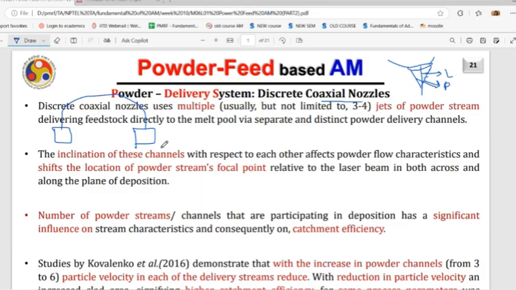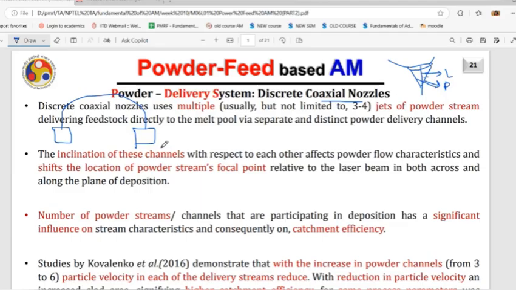DED was invented from the process called cladding. In cladding, we basically restructure the worn out part of a big shaft or component. Where my whole shaft is not broken, just some portion is worn out, in that portion I can do the cladding and it can be fixed.